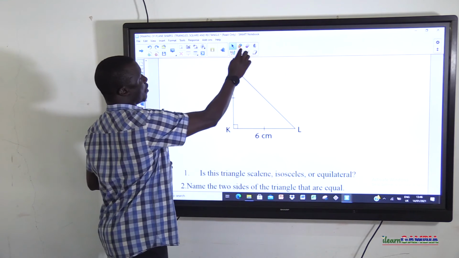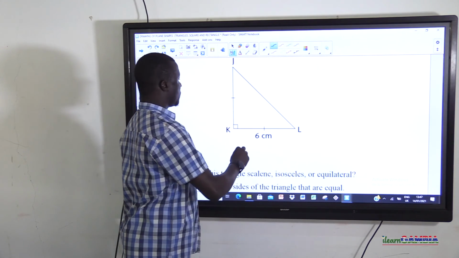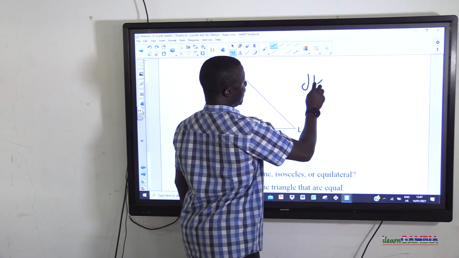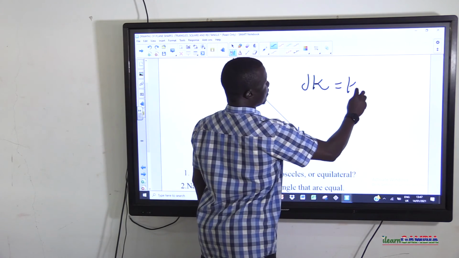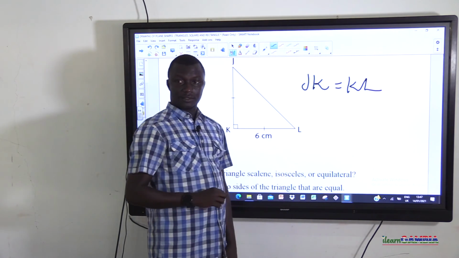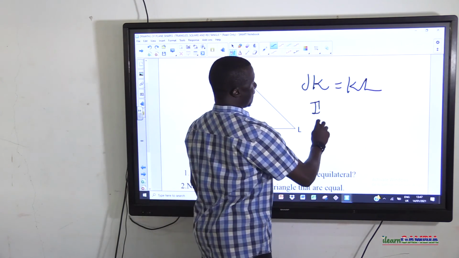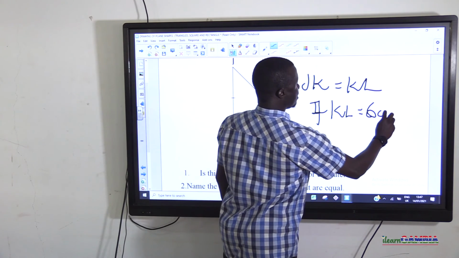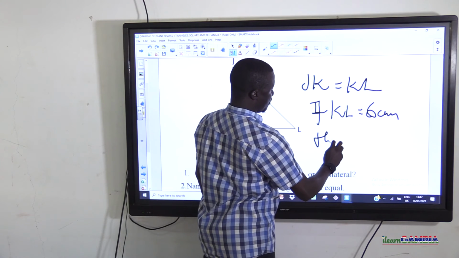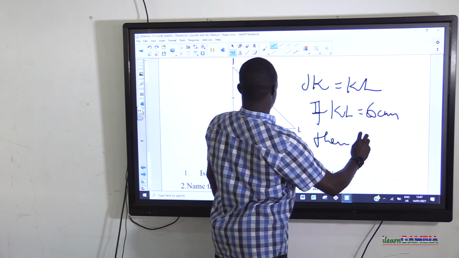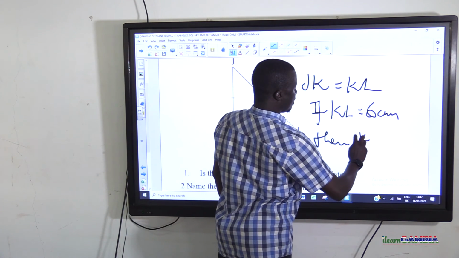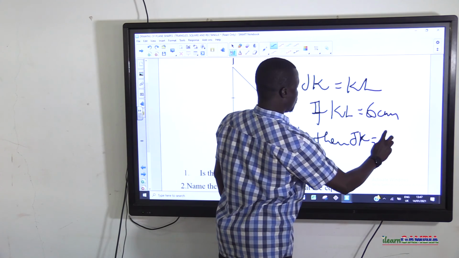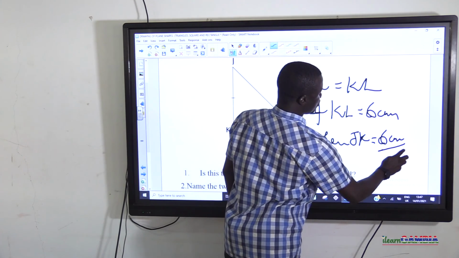So we can easily conclude that JK is equal to KL. Now if KL is equal to 6 centimeters, then JK or KJ equals 6 centimeters as well.